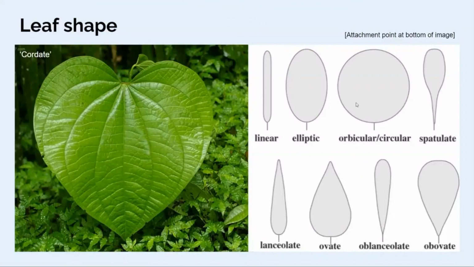Pretty rare, I'd say, is a perfectly orbicular leaf, perfectly circular. Spatulate is with a broad blade that kind of tapers toward the base, like a spatula. And then these two, oblanceolate and obovate. The ob, I usually just think of that as being upside down.